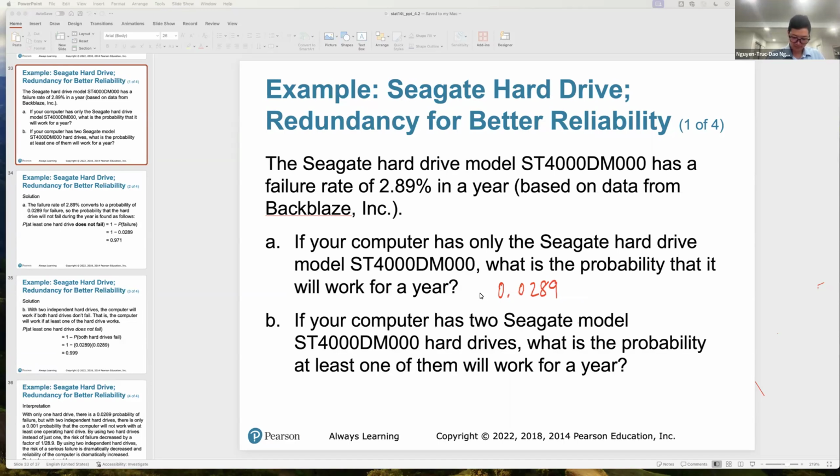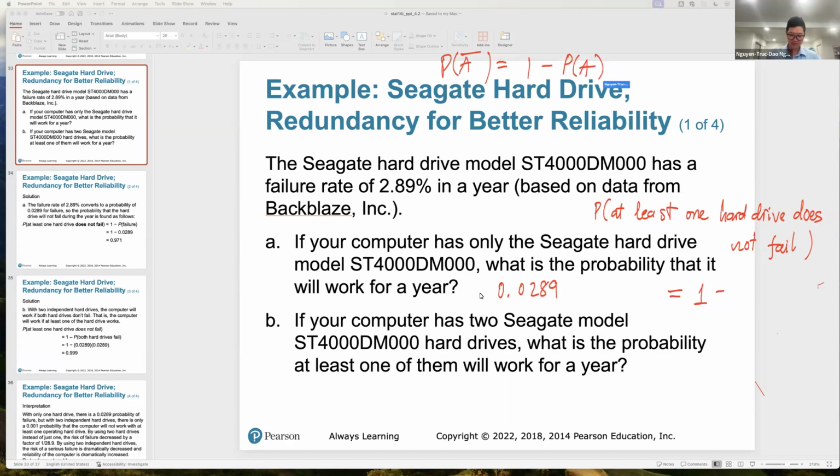Will not fail, that is P of at least one hard drive does not fail, equals one, based on the formula that we studied earlier, P of A bar equals 1 minus P of A. So if the event A is the event for the failure, then the event A bar here is at least one hard drive does not fail. So you have 1 minus P of failure.